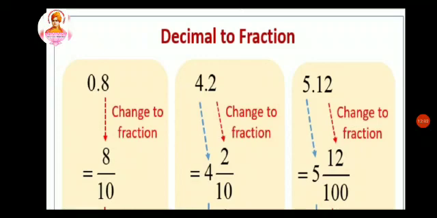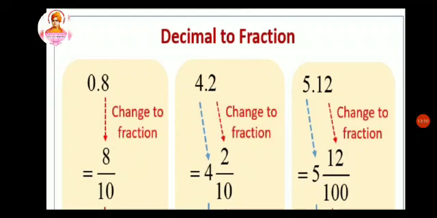Likewise, in decimals, if we find any whole number, that can be written like this. And in the decimal part, we have a number 2. It is in the place of tenths. So it can be written as 2 by 10. So 4.2 can be changed into 4 and 2 by 10.